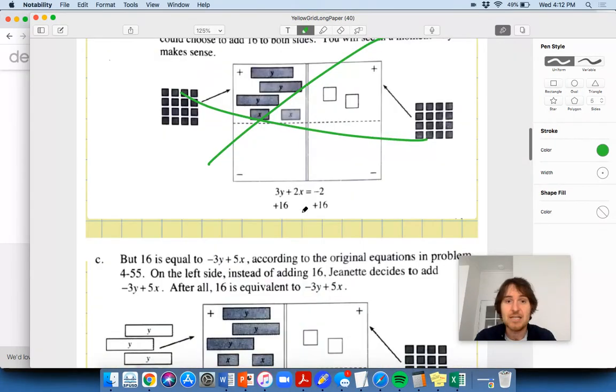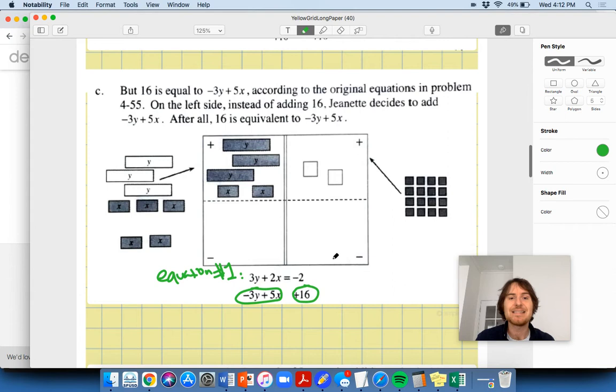So the point of this problem is letting us know that we can take equation number 2 and, legally, in something called a legal move, add equation number 2 to equation number 1 and the equality is going to be preserved. Because remember, equation number 2 was this.